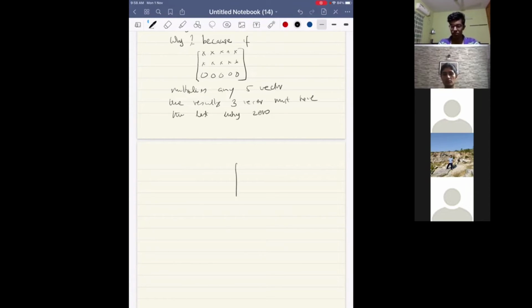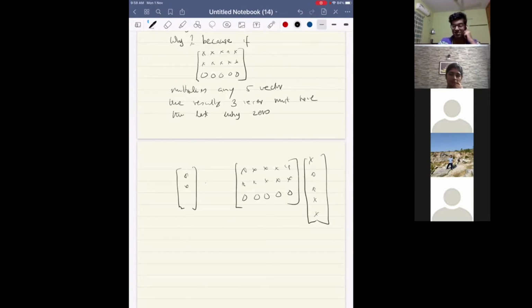That was just what I said earlier. Take any vector 1, 2, 3, 4, 5. The resulting vector will have this entry 0.